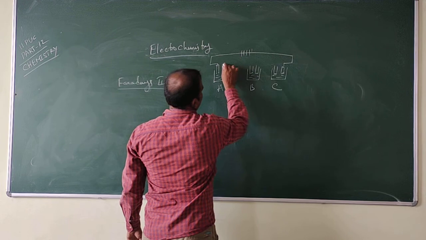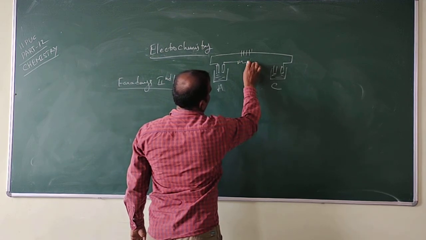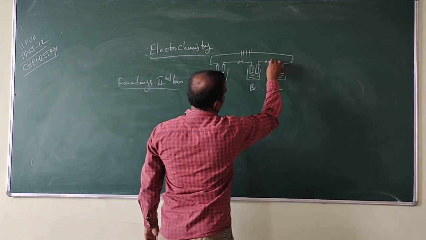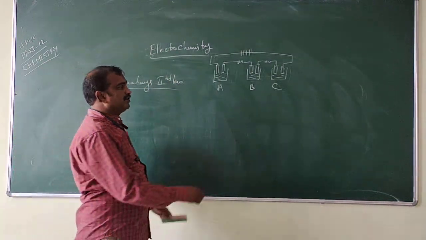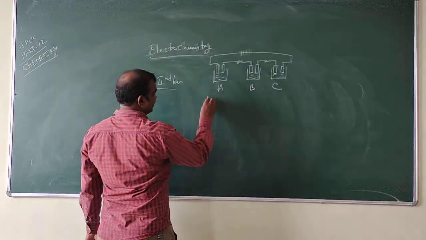Here we calculate resistance like this. If you pass the same quantity of current through them, what will happen?